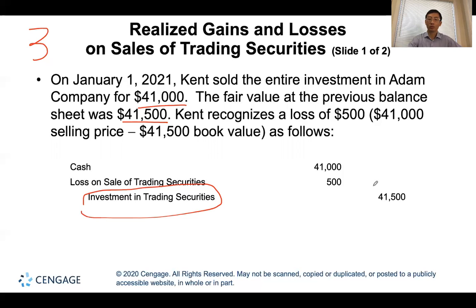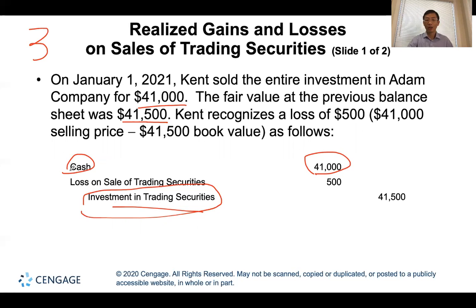So here the 500 is a realized loss because the balance is 41,500, and you only received cash of 41,000. So debit, that's easy, right?